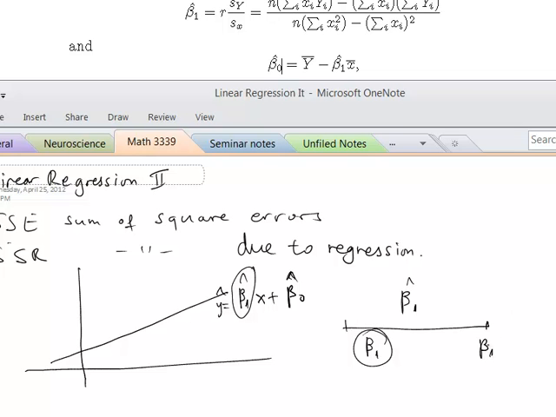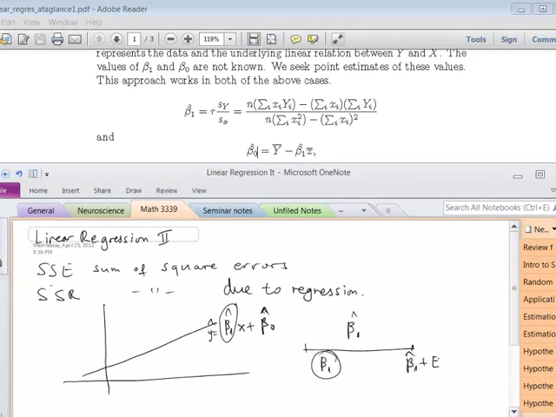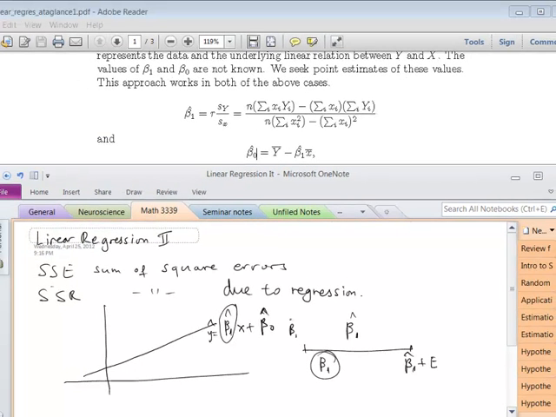And actually we will see how to obtain this interval. This is the radius of the interval. The point estimate beta 1 hat of the slope is in the middle of this. And therefore, the true value of the slope can vary anywhere in that range. It can be like this, or it can be more steep, or somewhere in between.